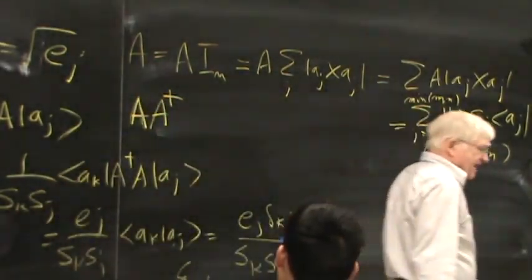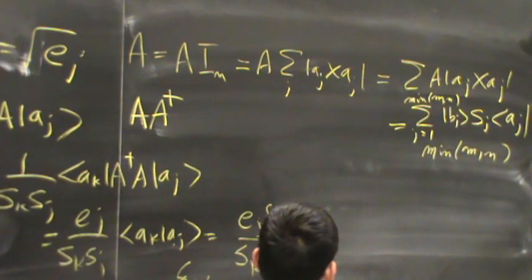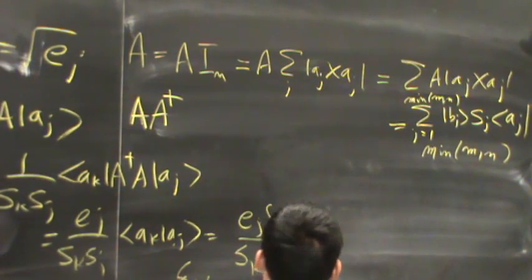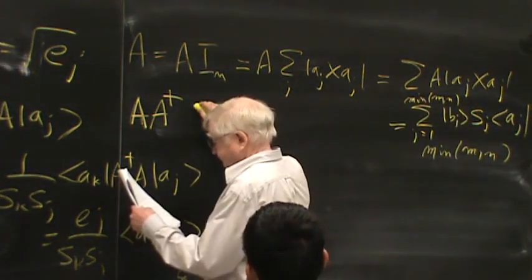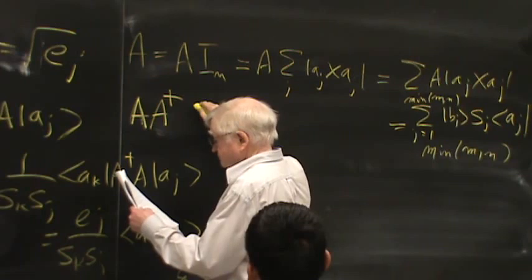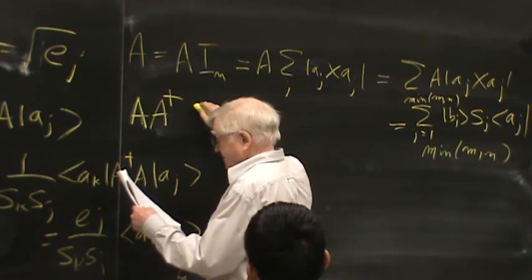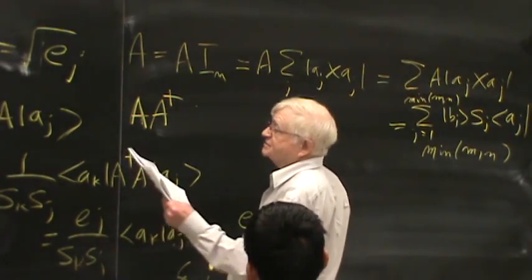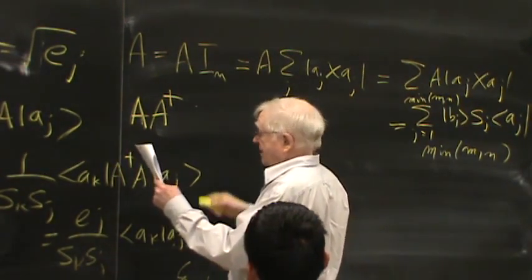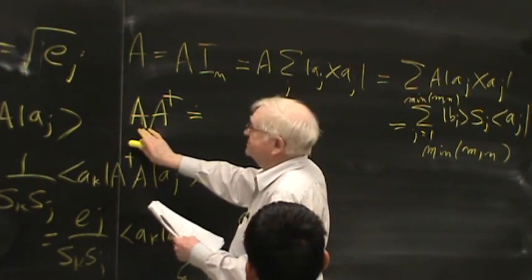This is an n by n matrix. Do I have that right? No, m by m matrix, and it has m eigenvectors, and these in fact are the eigenvectors Bj.